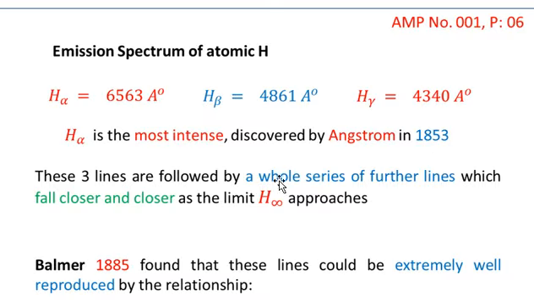These three lines are followed by a whole series of further lines which fall closer and closer as the limit H infinity approaches. If you go to higher and higher states of atomic hydrogen, the spacing between the atomic levels becomes smaller and smaller.